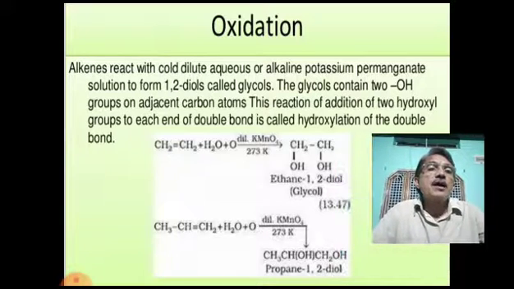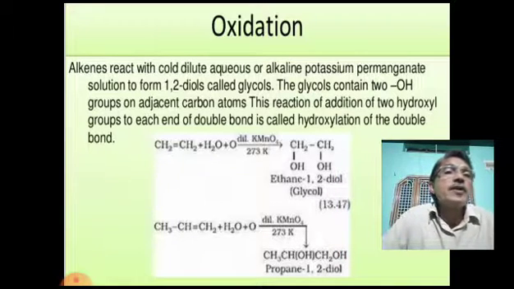Oxidation. Alkenes react with cold dilute aqueous or alkaline potassium permanganate solution to form 1,2 diols called glycols. The glycols contain 2 OH groups on adjacent carbon atoms. This reaction of addition of 2 hydroxyl groups to the double bond is called hydroxylation of the double bond.